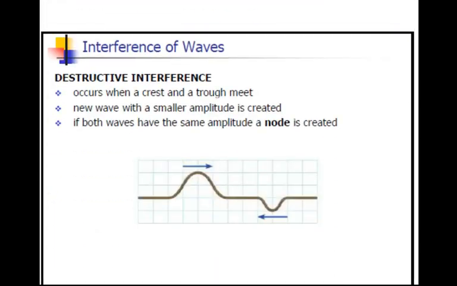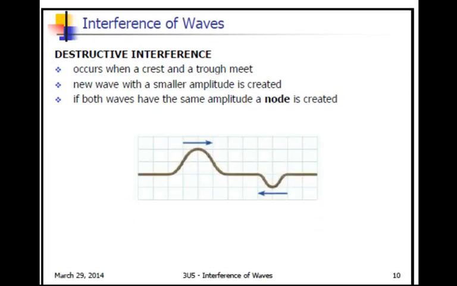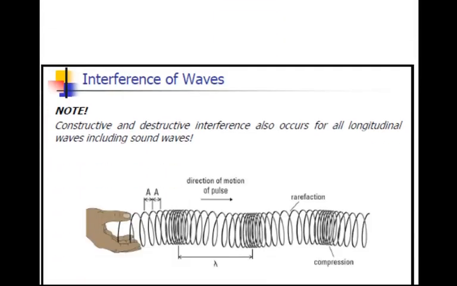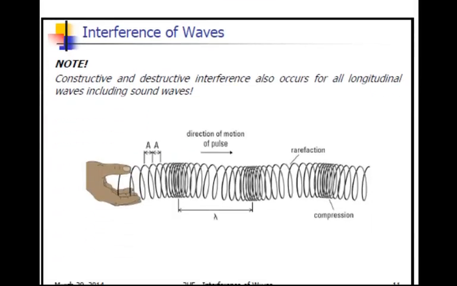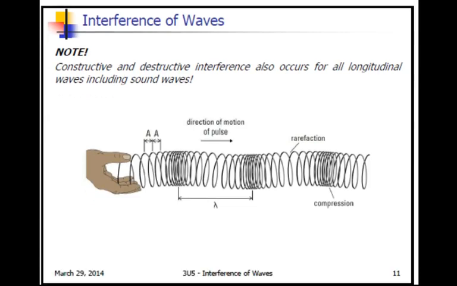In that case, our resultant amplitude is less. Sometimes if they're of the same amplitude, we have what's called a node created, where we're actually at our rest position. Constructive and destructive interference occurs for longitudinal waves as well, so it happens with sound waves also.